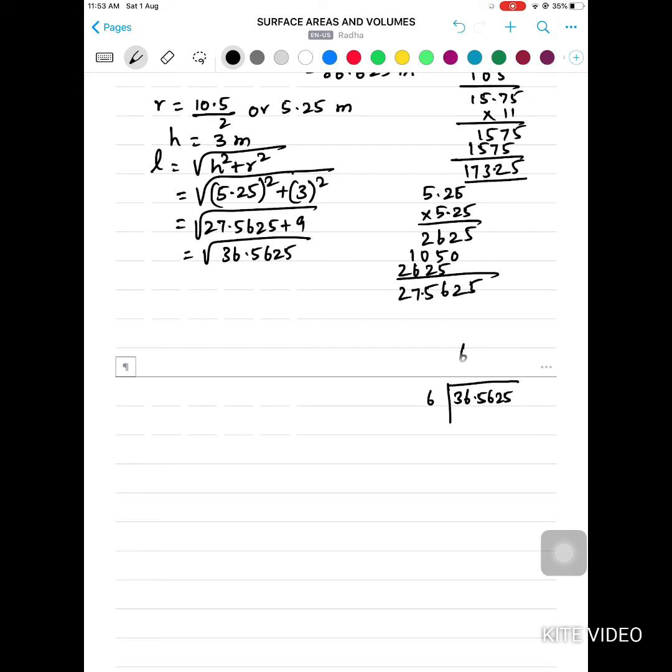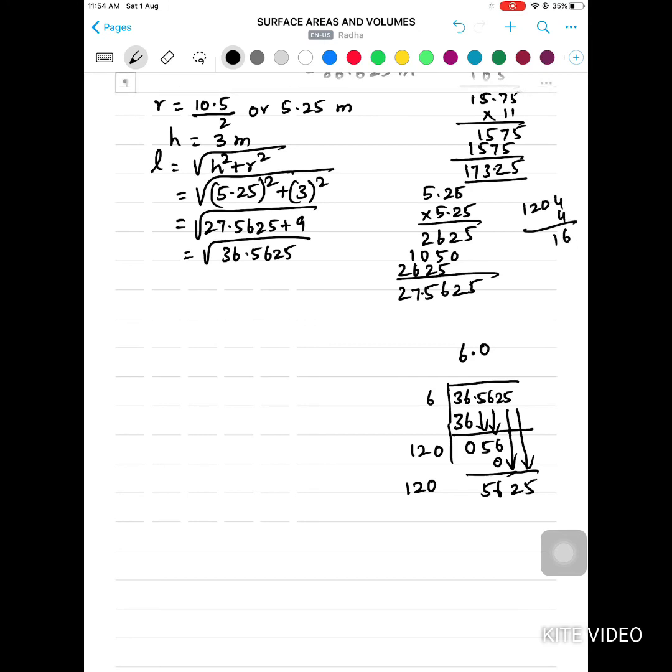So 6 6s are 36. I want to bring 56 down, so I have to keep the decimal point. 6 2s are 12, but this doesn't go, so I have to put a 0 here. So I get 56, and I have to bring this 25 down. So 62s are 124, so I get 4816.